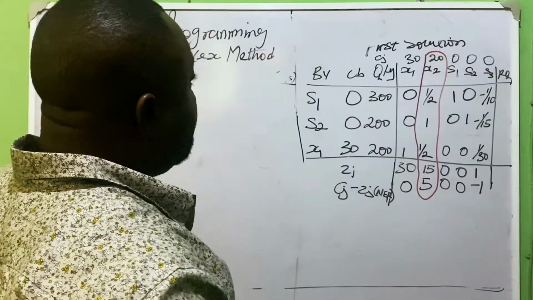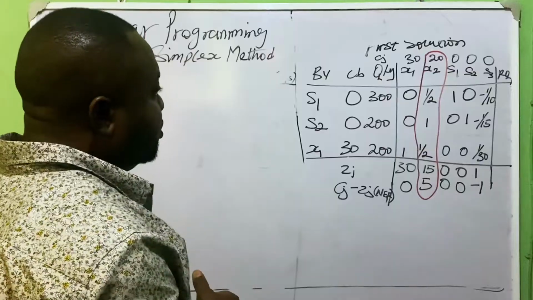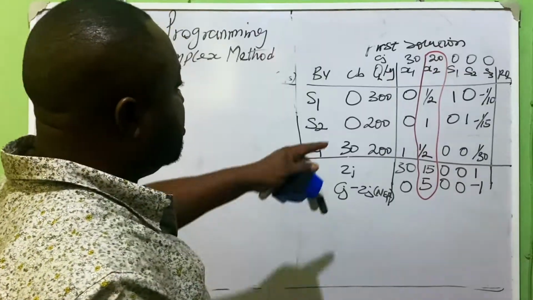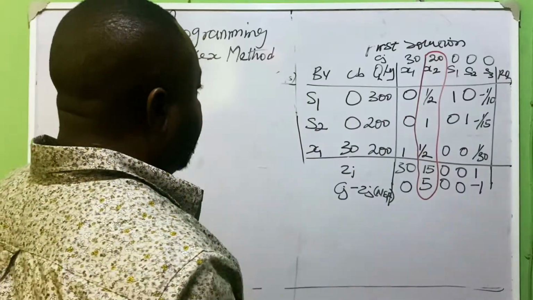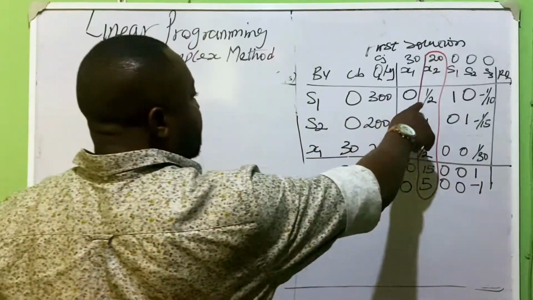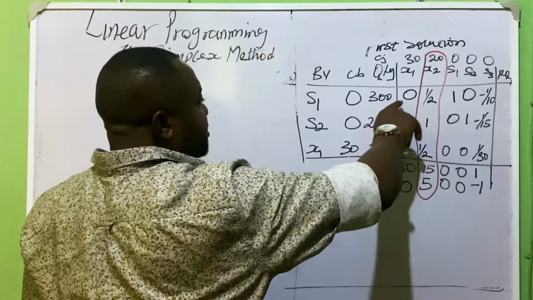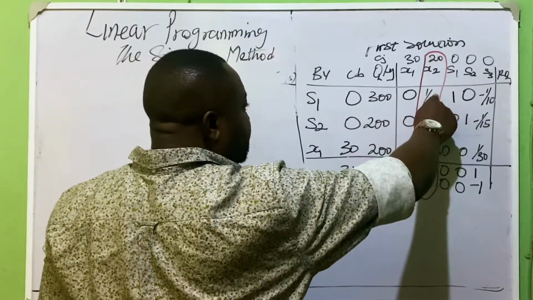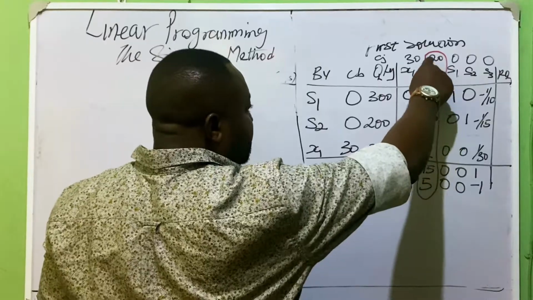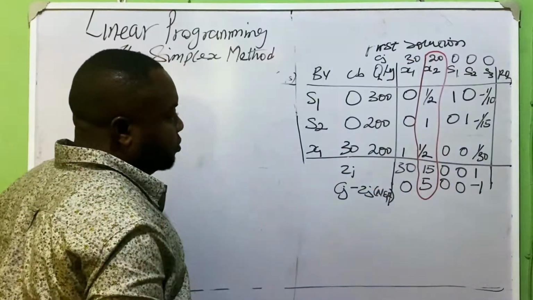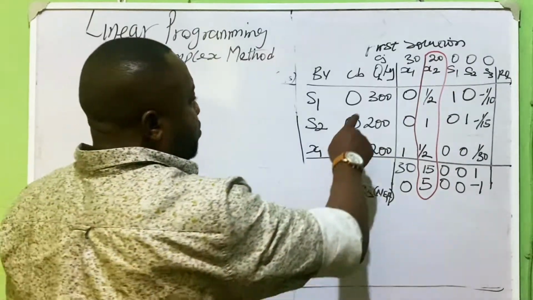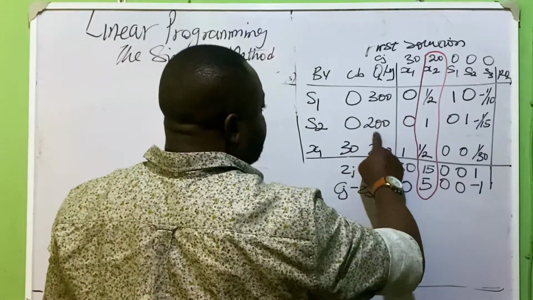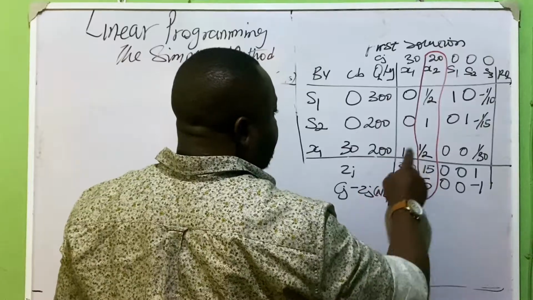Then we'll now use the incoming variable determined to compute for the outgoing variable, which is done by dividing the quantity column by the associated values in the key column. So we have 300 divided by 1/2, 200 by 1, 200 by half.